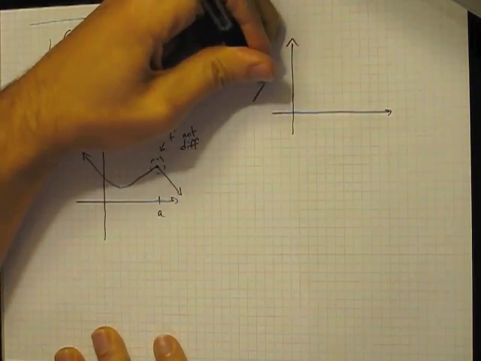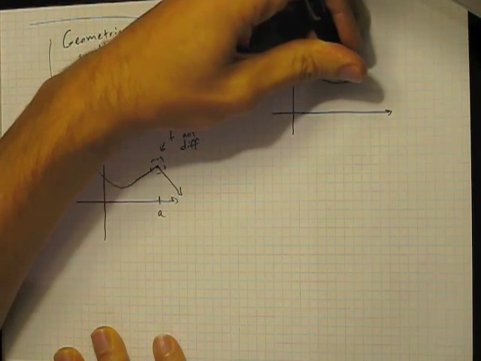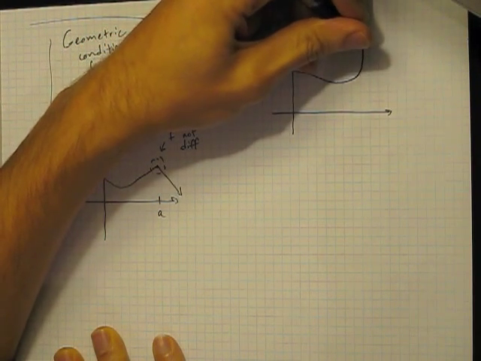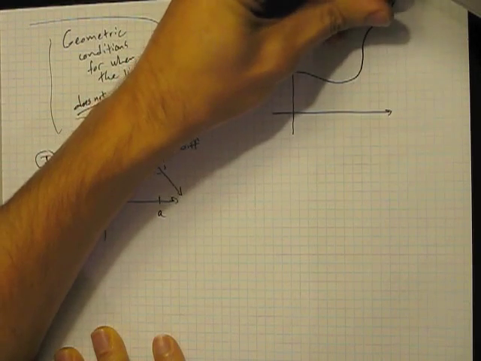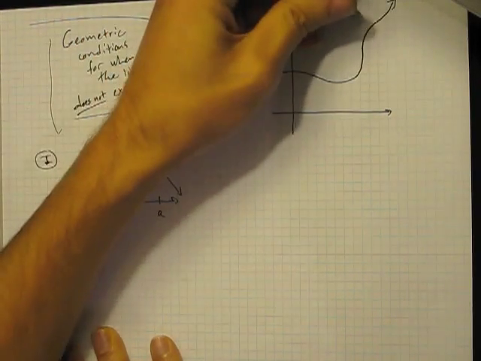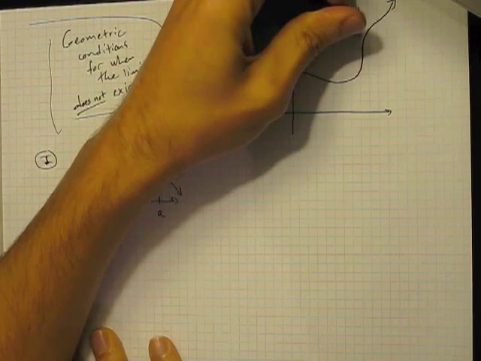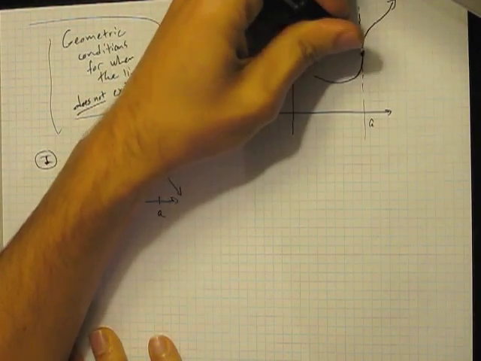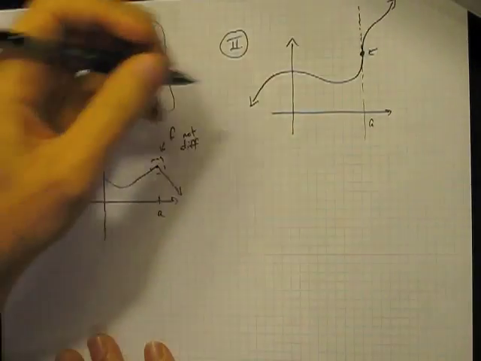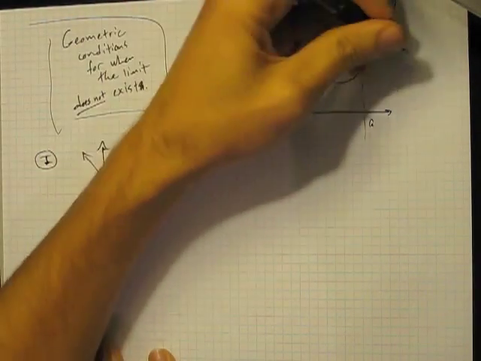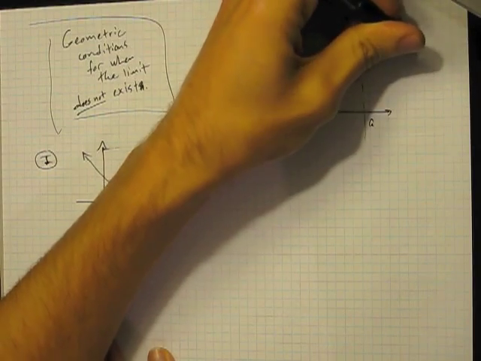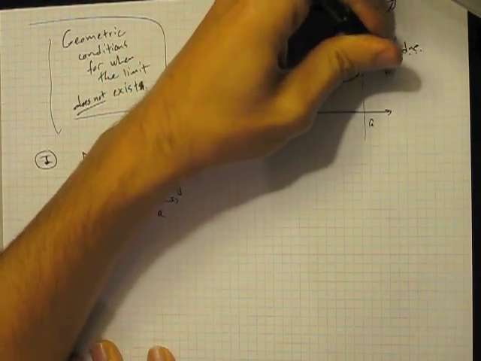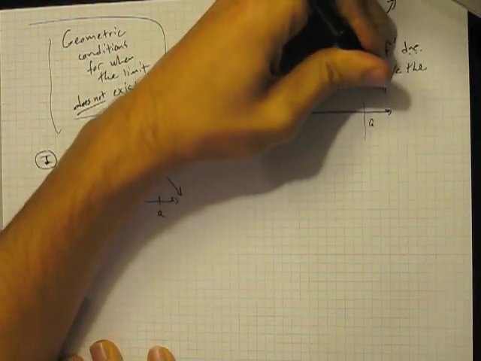And then condition 2. If the graph of your function has one point where the tangent line is vertical, so f prime does not exist here because the tangent line is vertical.